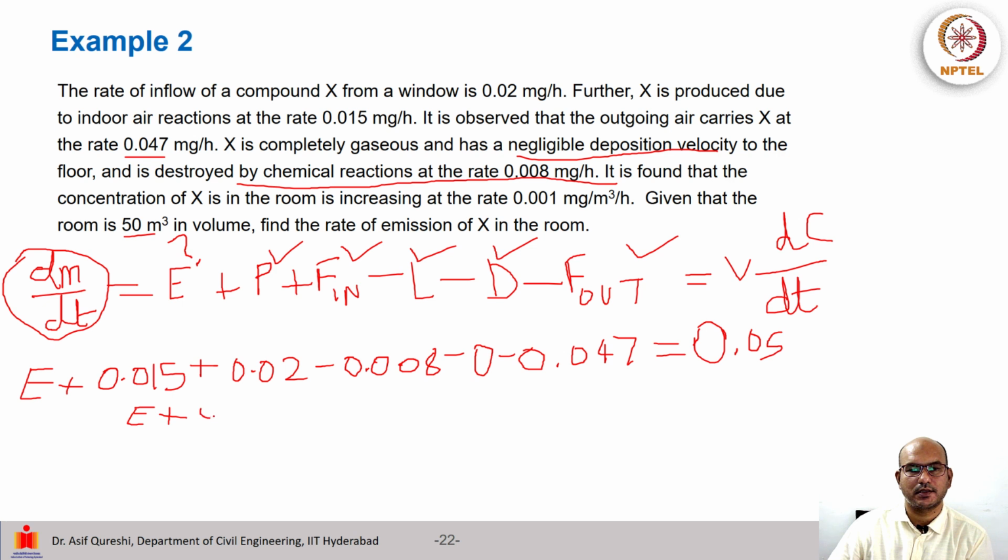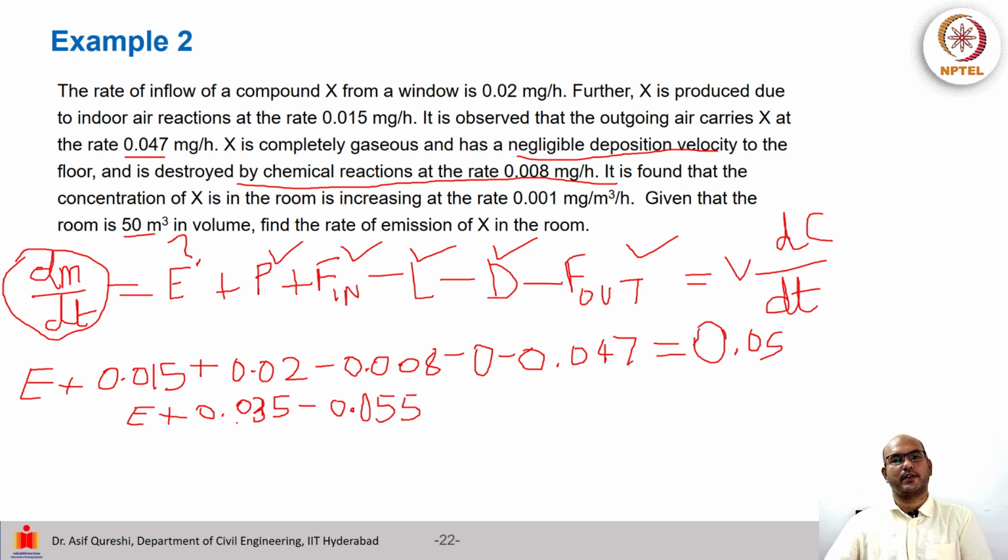E plus 0.035 minus, this would be 0.008 plus 0.047, so this would be 15 carry over 1, 5, 0.055.